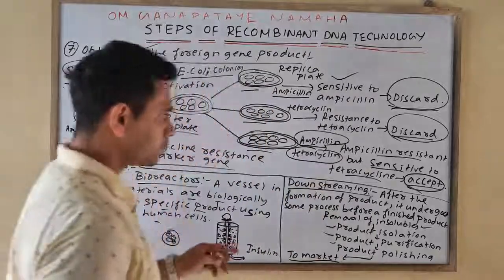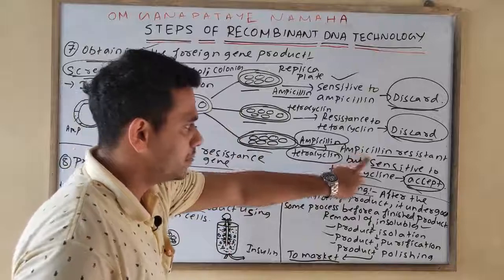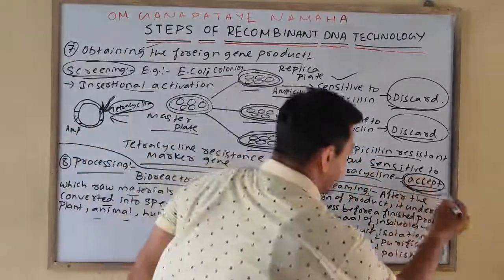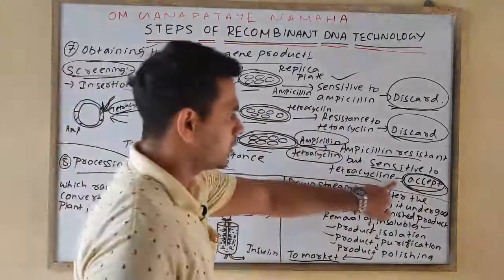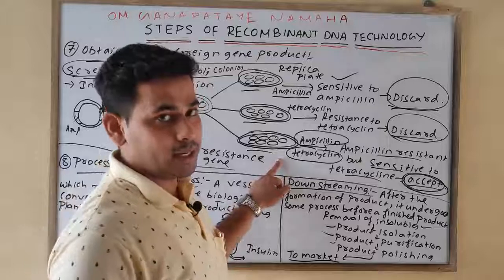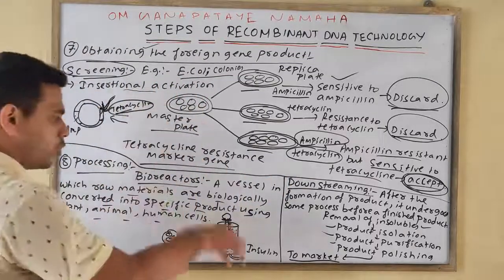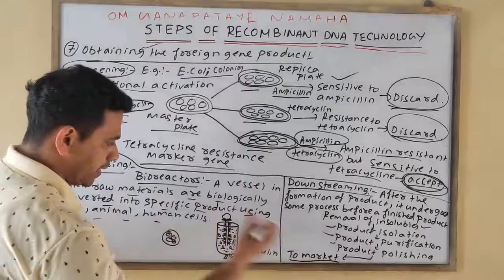In this case, you see it shows ampicillin resistance and sensitivity to tetracycline, so this one is accepted. We have screened out that in this culture cell the recombinant DNA is present. Finally, we go for the processing bioreactor, in which the raw materials are incorporated and we get the product.